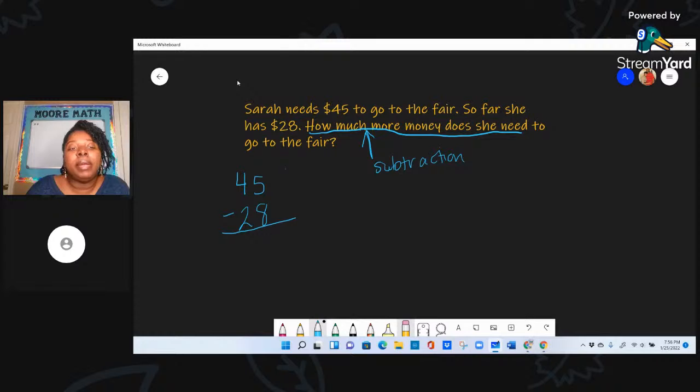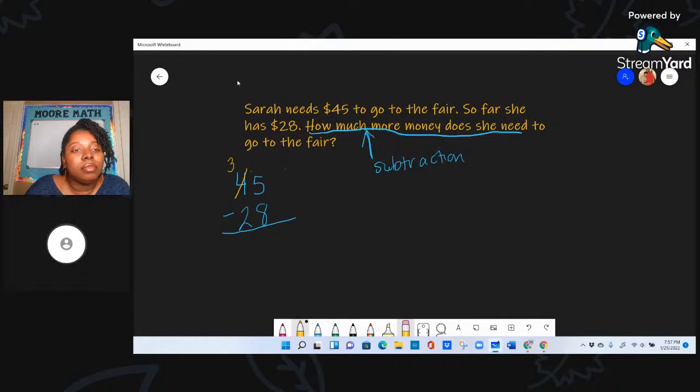All right, so can I do 5 minus 8? No. What am I going to do? Borrow. Okay, and what's this 4 going to become? 3. Good. And what happens to the 5?